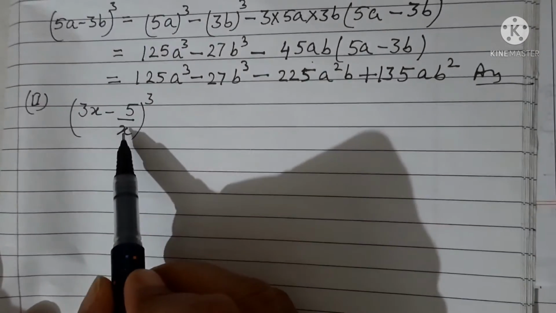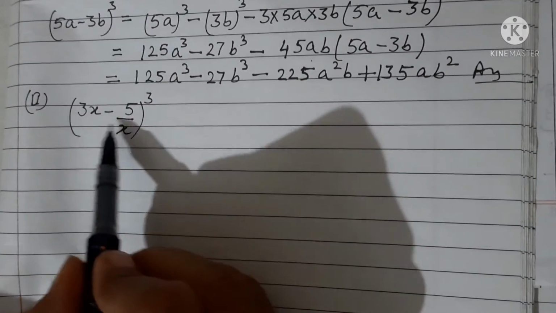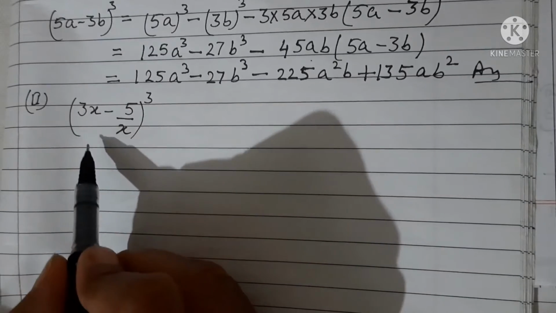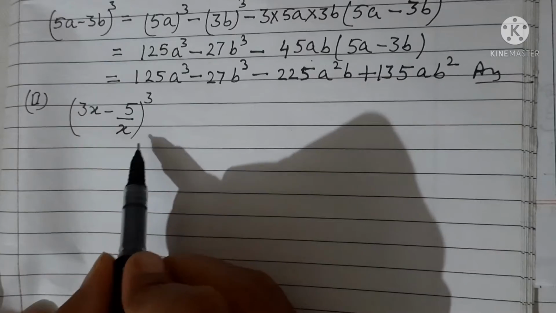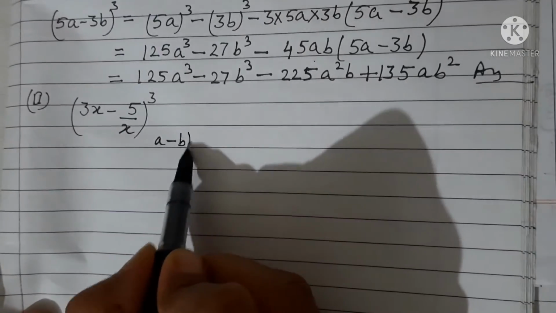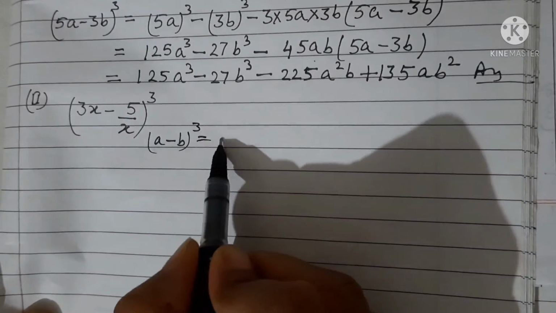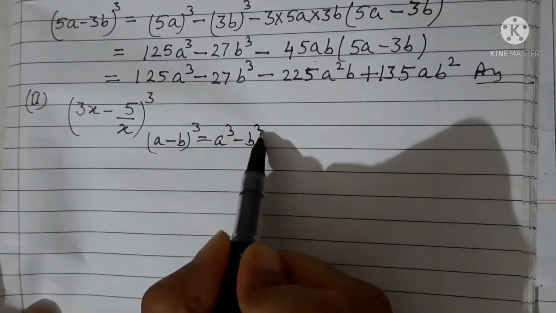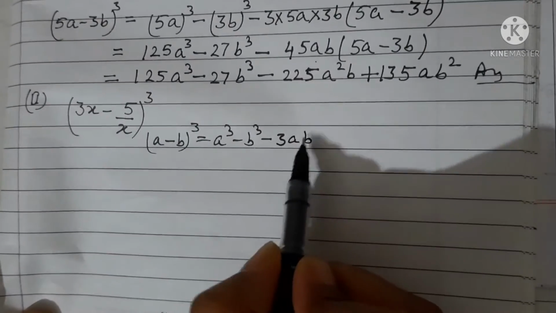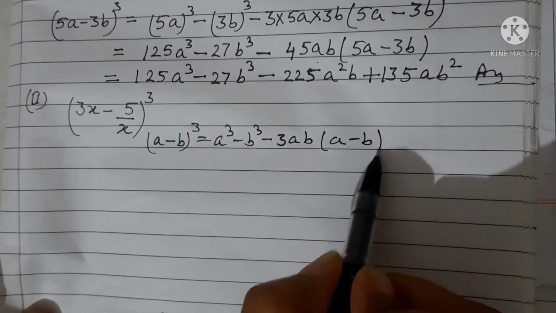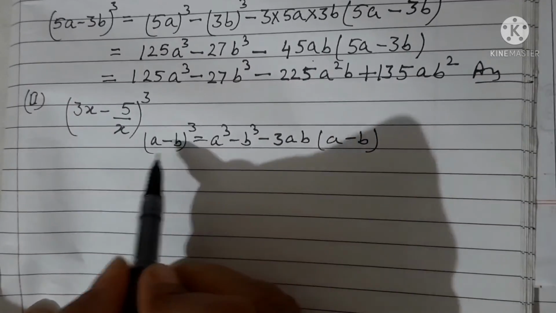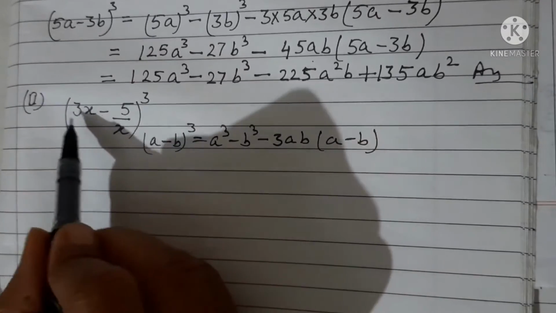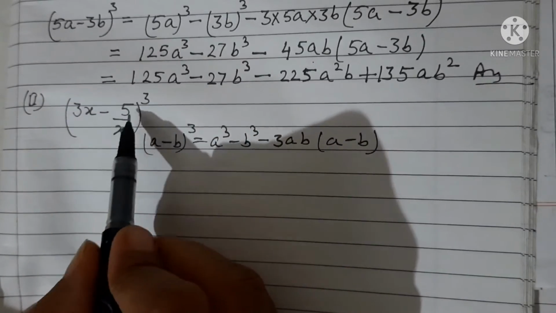Next, 3x minus 5 upon x whole cube. So here x is in the expression, so you can take the formula in the form of a and b. So a minus b whole cube is equal to a cube minus b cube minus 3ab times a minus b. All terms are linked with minus sign. So here a is equal to 3x and b is equal to 5 upon x.